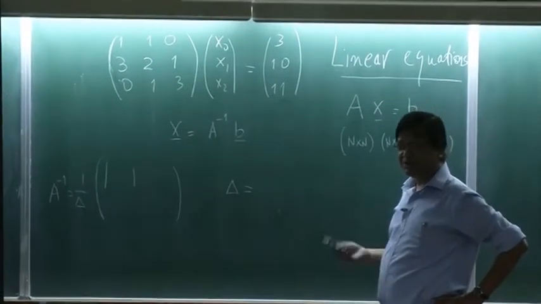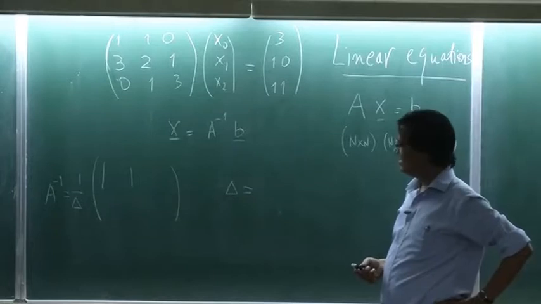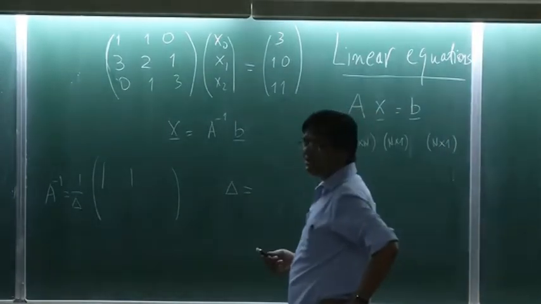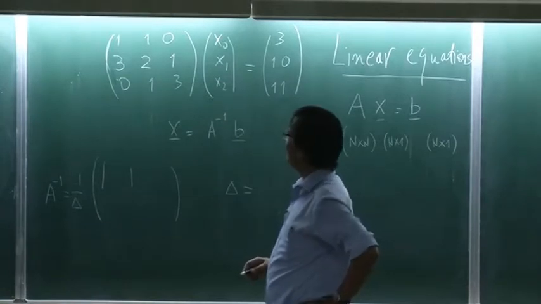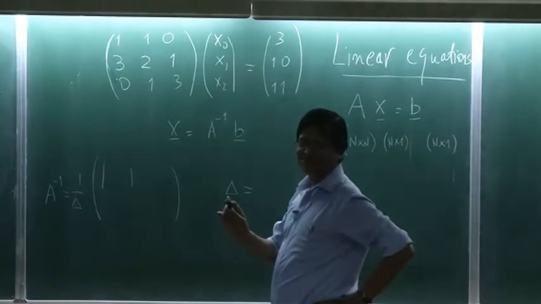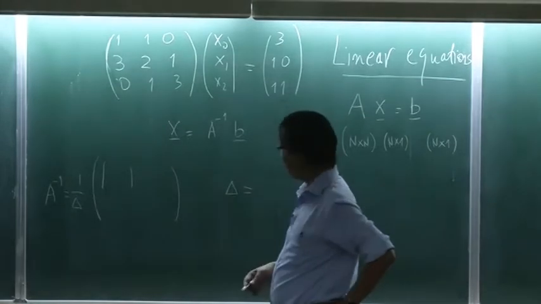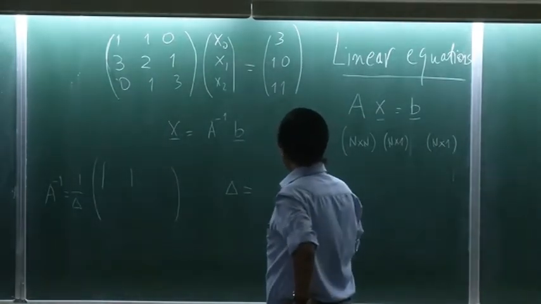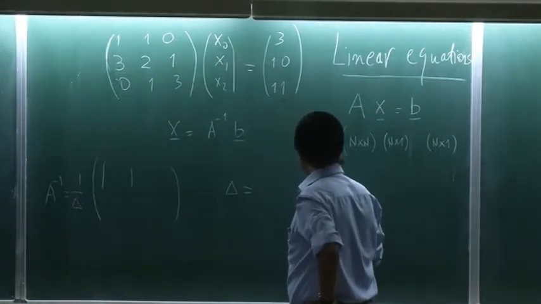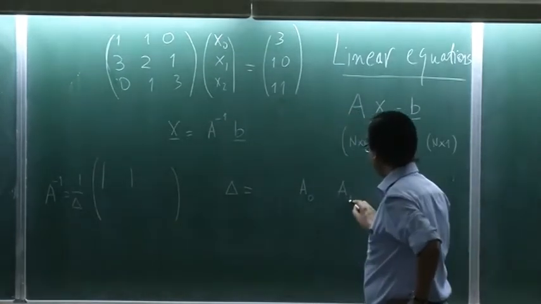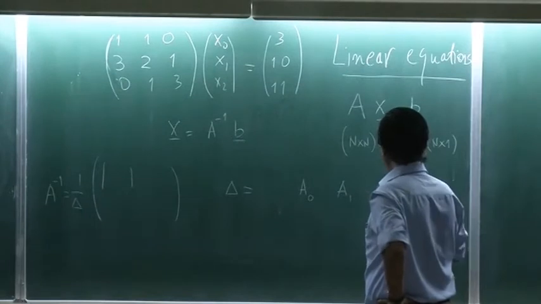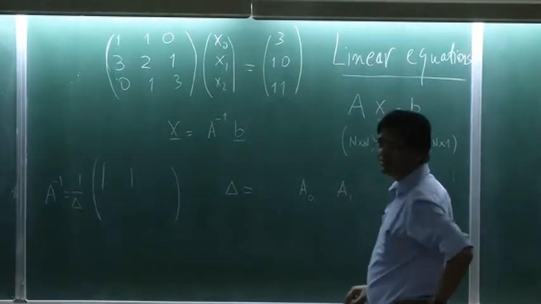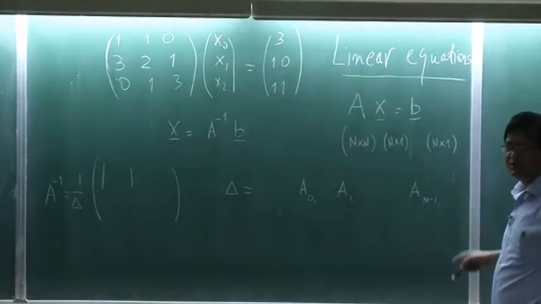Okay. So, first how many terms are there? If you know the formula, how do you compute the determinant in computers? I will tell you the formula. You have to do n loops. So, this matrix A, first put the first index A0, A1, and the last one is A n minus 1, the row index.